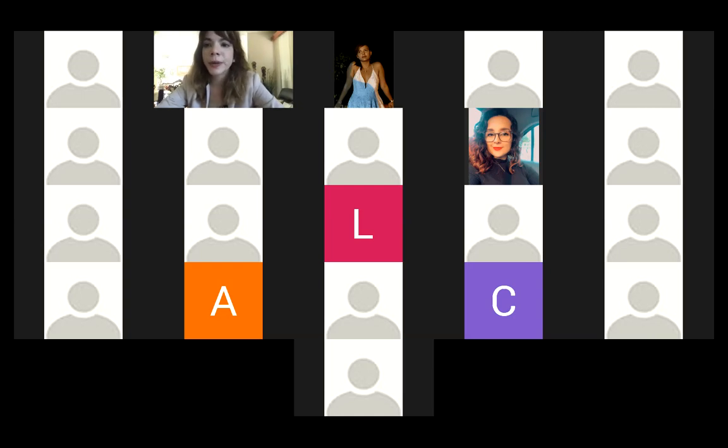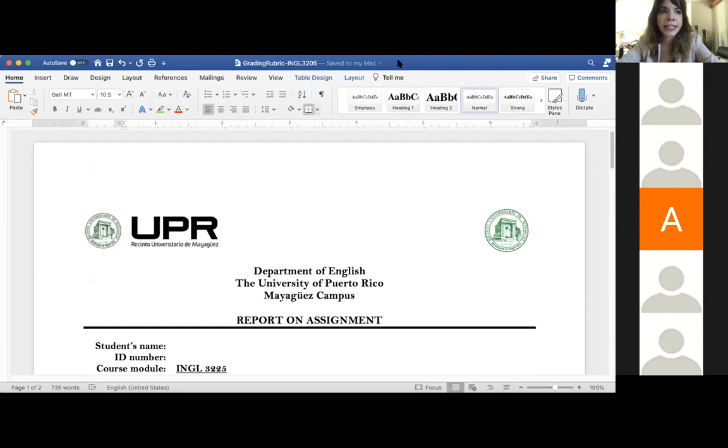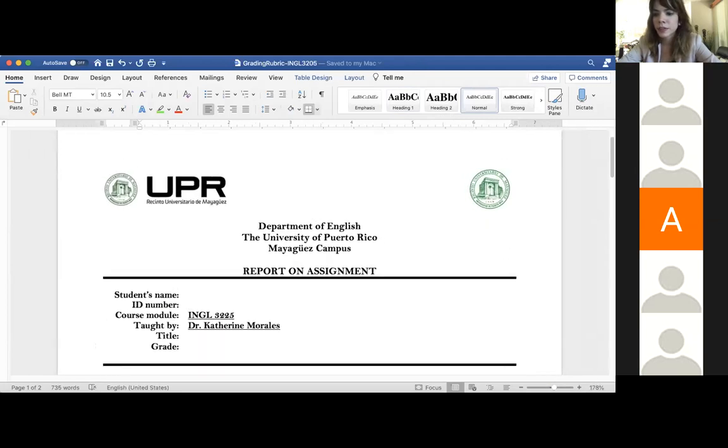Let's look at the rubric. All right, so this is a sheet that I'm going to be sending you guys. Can you see it? Yes, cool. Thank you.